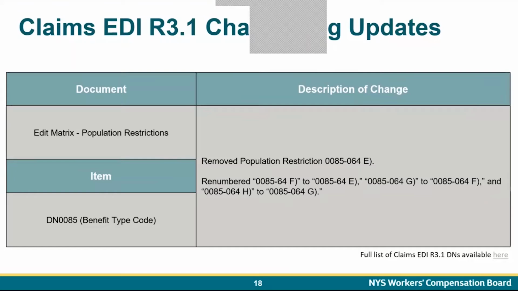During testing, we had discovered that if we had the edit on benefit type code, it would actually give you, if you had 3 benefits, 3 of the same error. So rather than that, we changed it over to DN 288, and the error will display there now. And when we removed that, we had to re-letter everything from F to E, G to F, and H to G for DN 85.